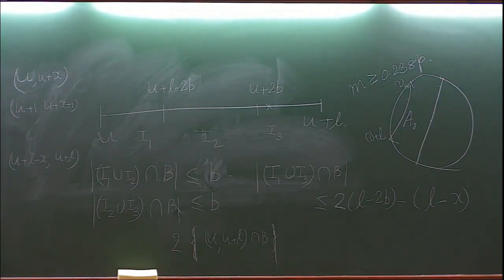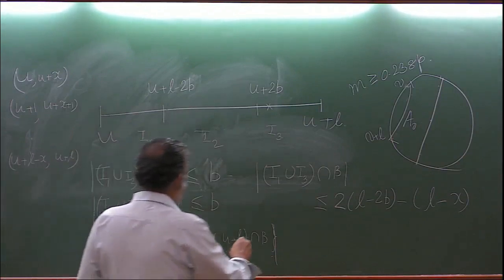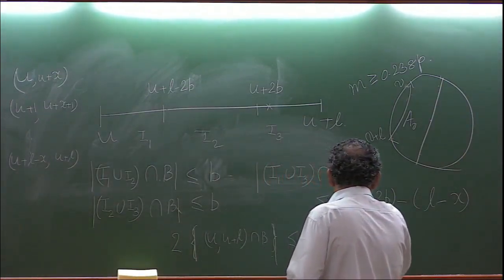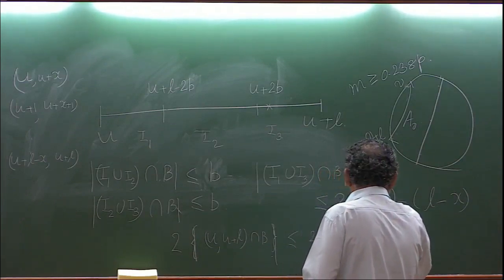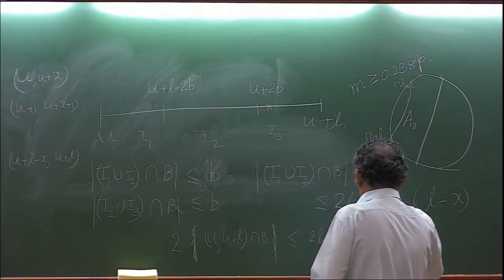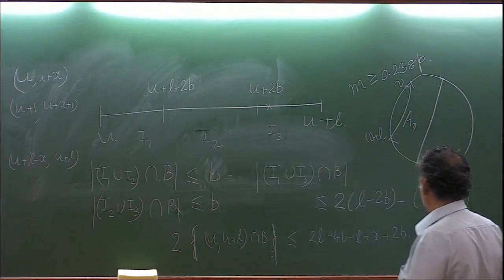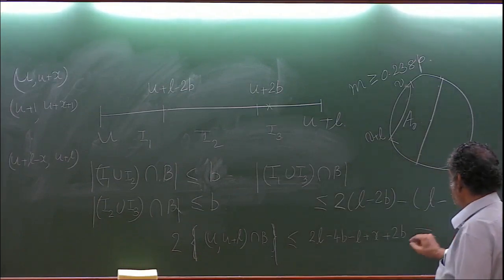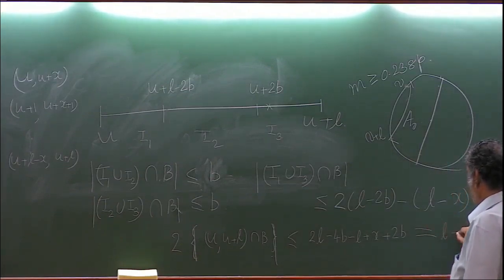And the total sum now is 2L minus 4b minus L plus x plus 2b, and that number is equal to L minus 2b plus x.